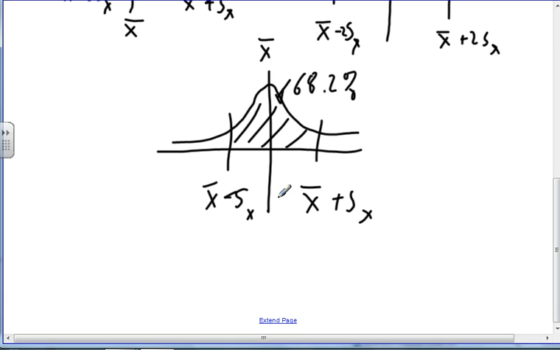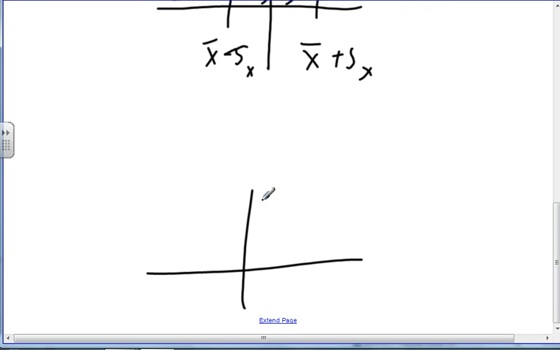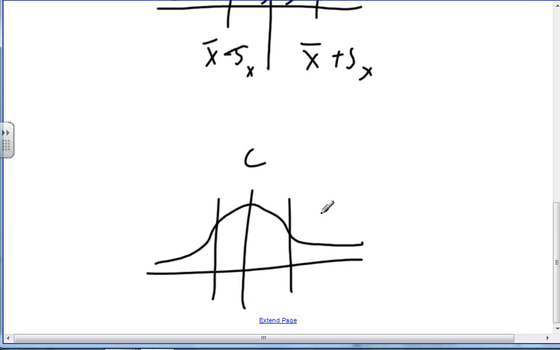So, for example, we take the grade distribution in this class. Would that be a normal curve? Okay, so a normal curve would say I got something like that. My average is a C, and then I got B's over here, and I got A's over there.